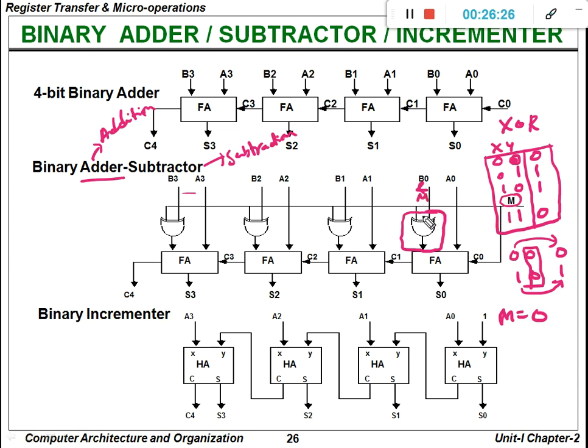The m value is 0, so the B0 value will be preserved. This value is B0, this value is m. Whatever the B0 value, the same value will be preserved. Yes or no? Because we made m as 0.